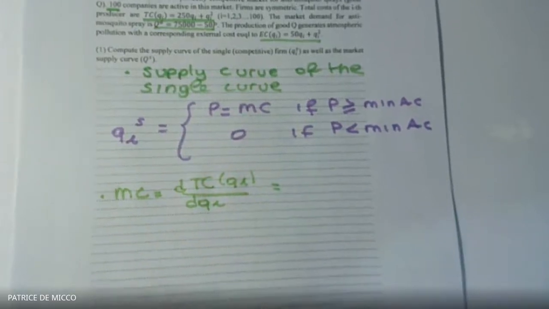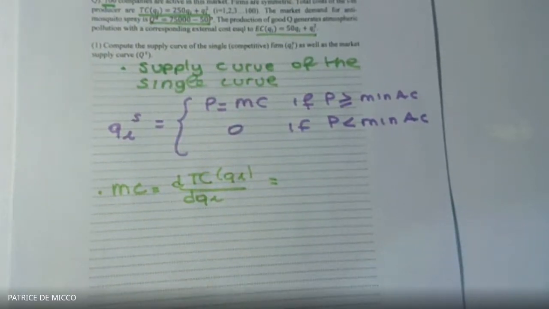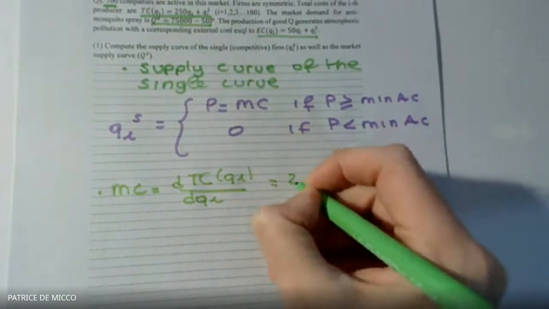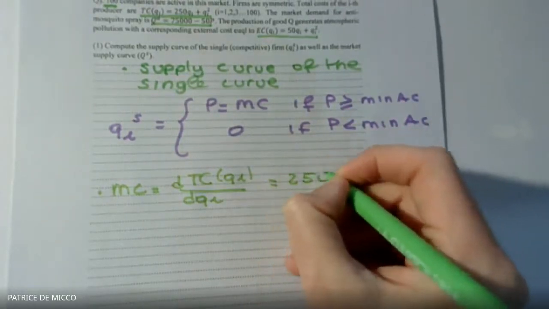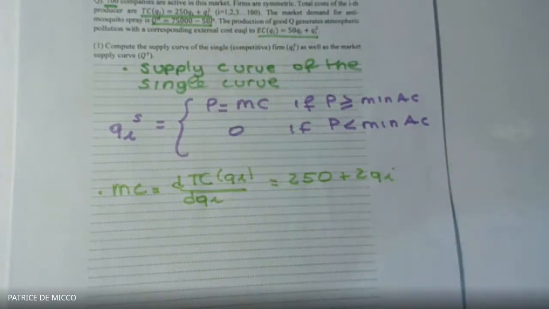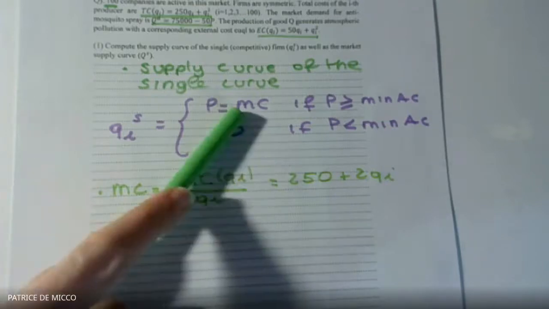Okay, and if you do this, you take the total cost function that we are given. It's very simple. You end up with a marginal cost equal to 250 plus 2 times Qi. So you compute the partial derivative of the total cost with respect to Qi. Okay, so we have the marginal cost.